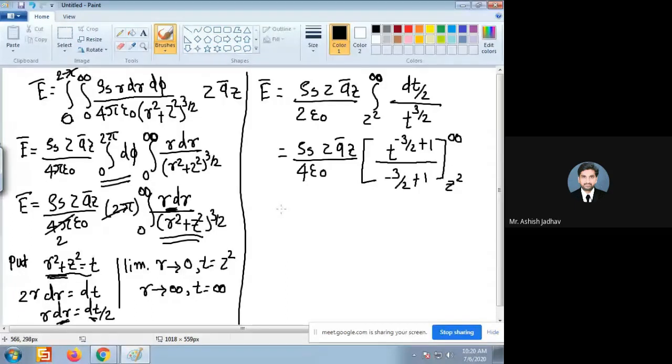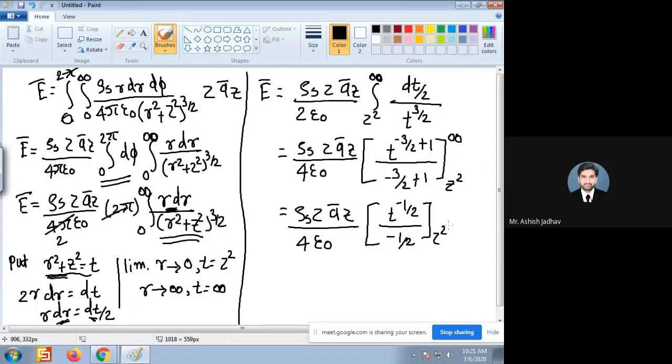Any doubt so far? So rho s z a bar z upon 4 epsilon naught. Here I can further simplify this: t raised to minus 1 by 2 divided by minus 1 by 2, from z square to infinity, right?